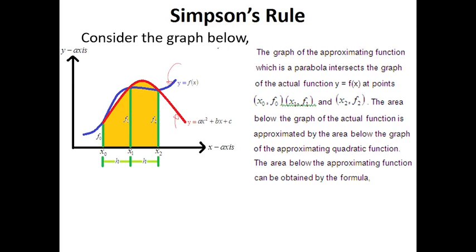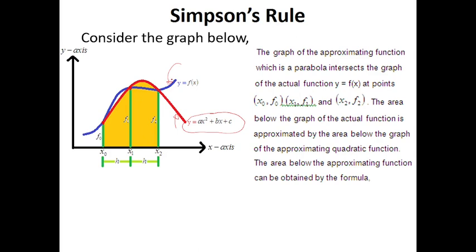The graph of the approximating function is a parabola, with this equation, y equals f of x, which intersects the graph of the actual function y equals f of x at points x sub 0, f sub 0, x sub 1, f sub 1, x sub 2, f sub 2.